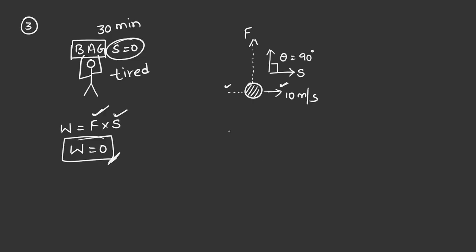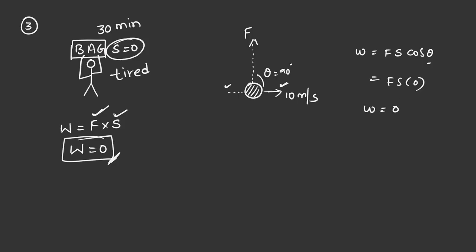If you observe this case mathematically, theta is 90 degrees. We know that work done is Fs cos theta, but cos 90 degrees is 0. That's why Fs times 0, the work done comes out to be 0.